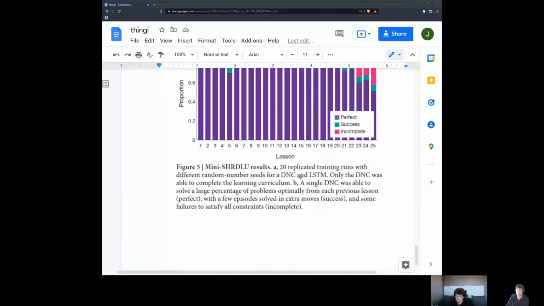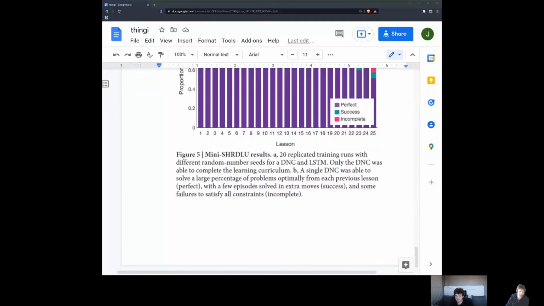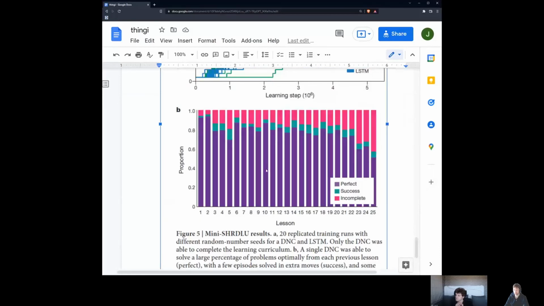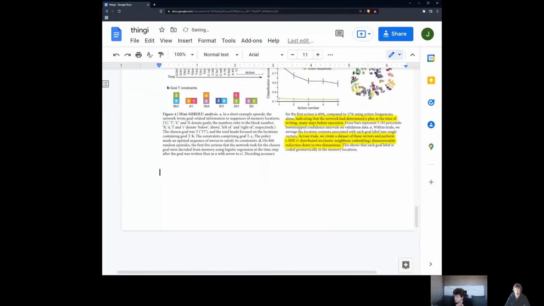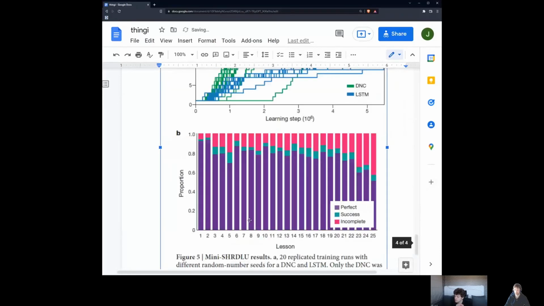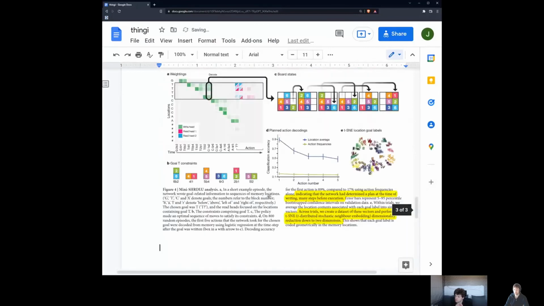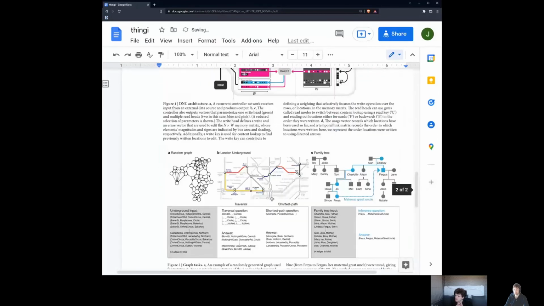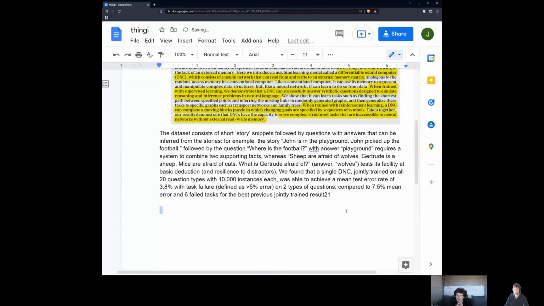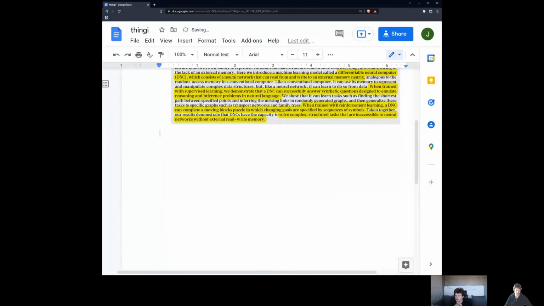But if we go off that tangent and look at the discussion, I'm going to copy a few of the quotes. I think one cool thing is that if it can solve graph-based problems, it can solve almost anything.